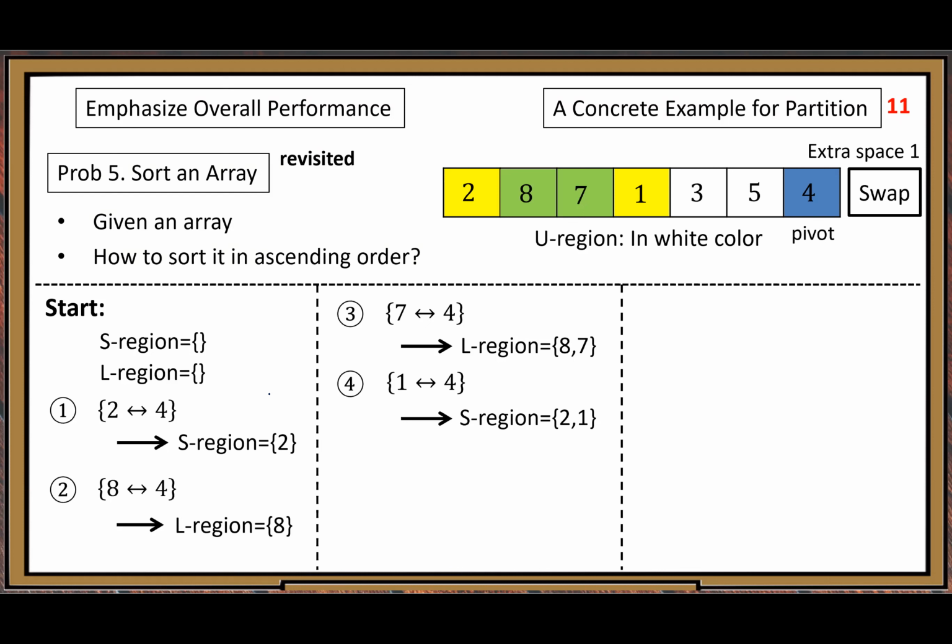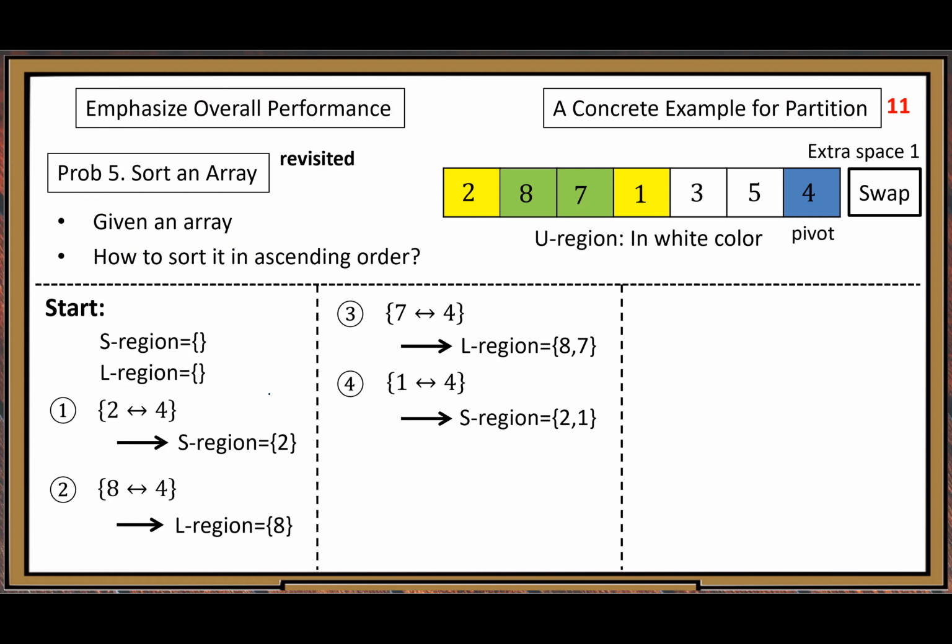But in the diagram, you see after we color element 1 yellow, the 2 yellow elements are not in consecutive locations, right? That's not good. So we should change their locations to make all the yellow elements in consecutive locations.